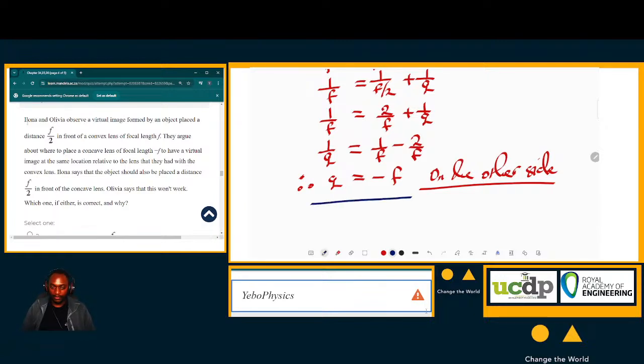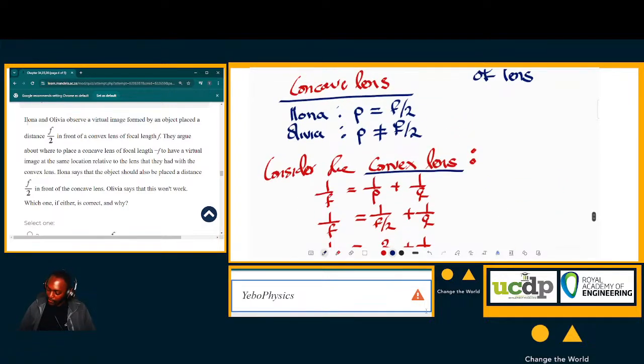So if true, q should be equal to negative f if Ilona is right. But if you don't get a negative f, then it means that it's not true, and that means that Olivia is right, that it will not work.